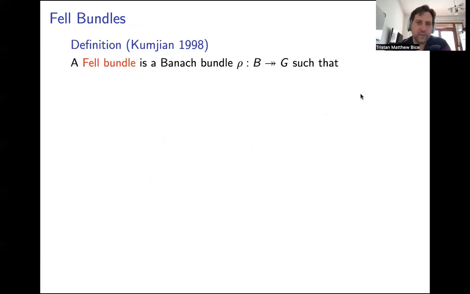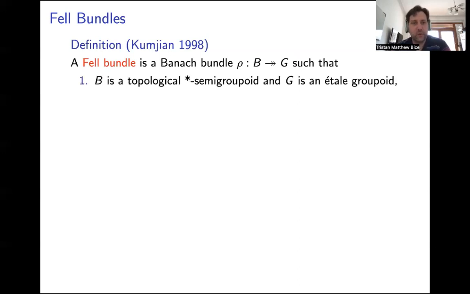So this definition goes back to Fell, I think, in '98. I think there was another guy around about the same time, maybe even a bit earlier, who had a sort of similar notion of a sort of C-star algebraic bundle over a groupoid, but I'll follow Fell more closely here. The Fell bundle is in particular a Banach bundle, but moreover, we want to have some compatible product structure on both B and G. So we want G to be an étale groupoid, right?